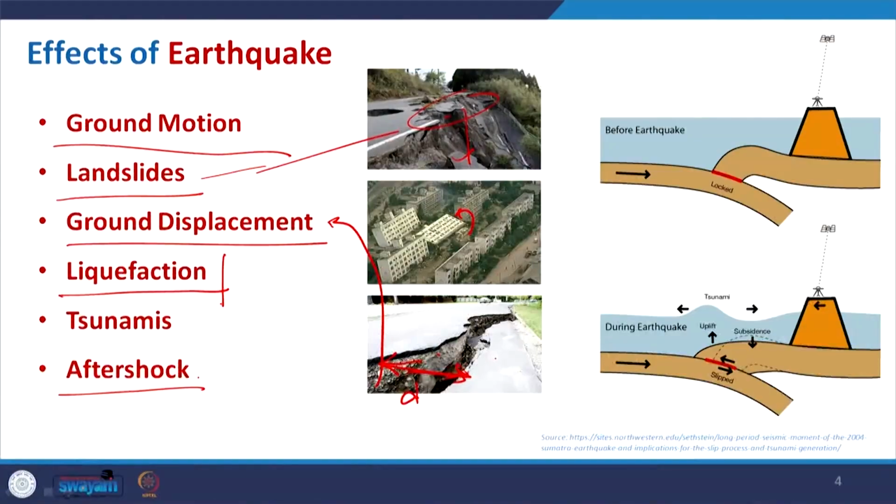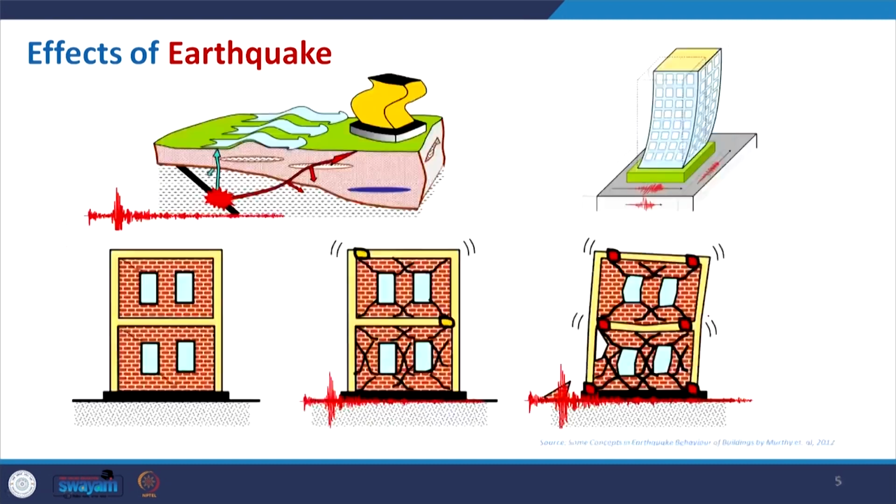Now, the aftershock is where, with the main shock, we get a small earthquake following the main earthquake, and here you can see another motion. Here the plates stayed one after another before the earthquake, but during the motion it slipped, and due to that there will be some upliftment of the surface, and the soil releases the energy, which is why it creates a wave in the water body and that creates the tsunami.